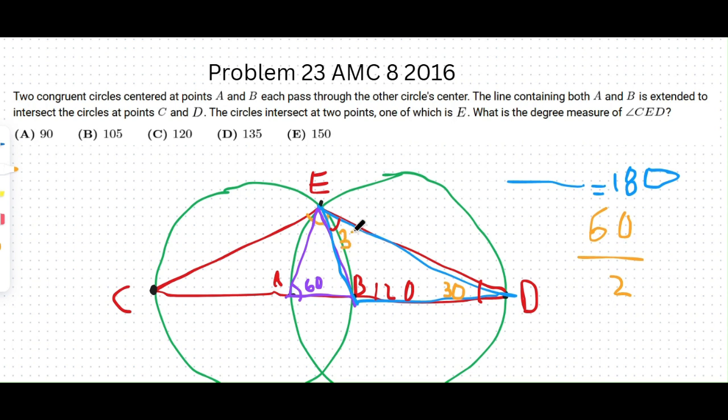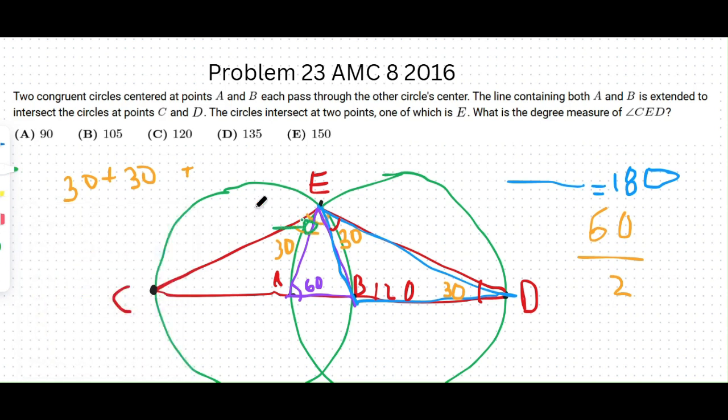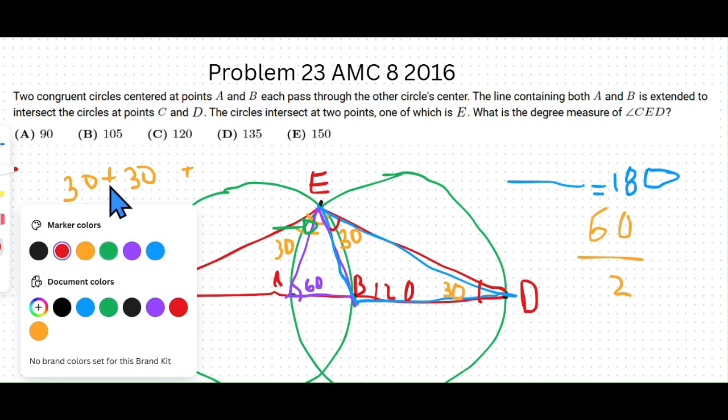Same side here, it's also 30. 30 plus 30, plus remember that equilateral triangle we had drawn? There's another 60 coming from this top angle. So 30 plus 30 plus 60 is 120. So our answer would be 120.